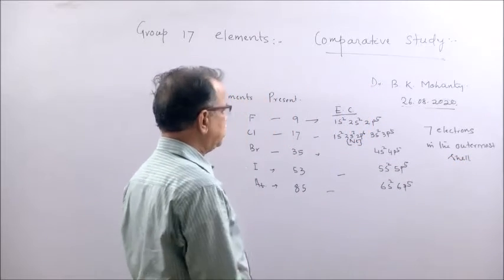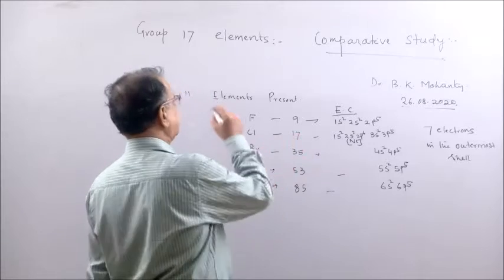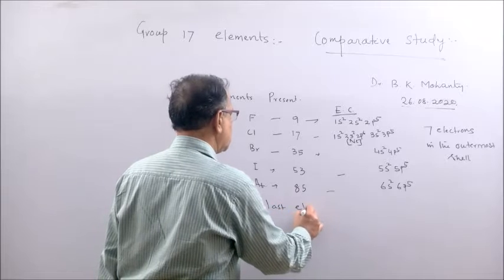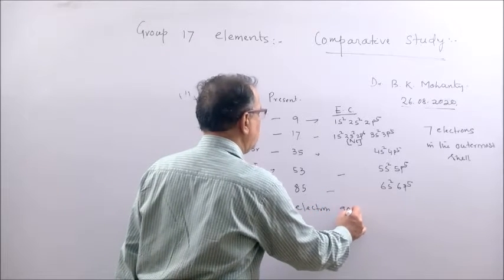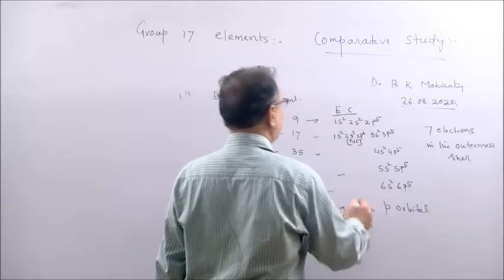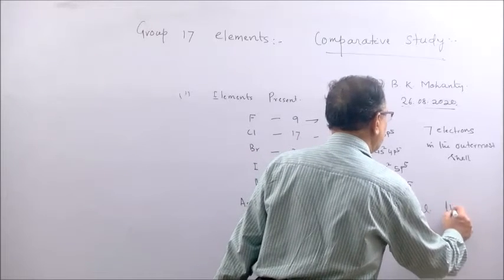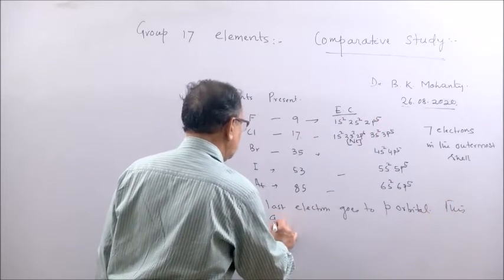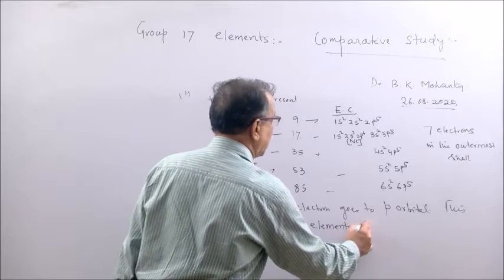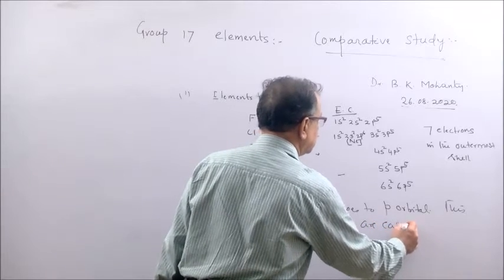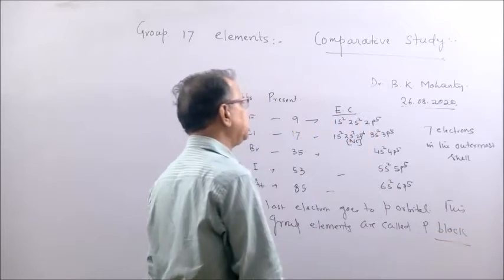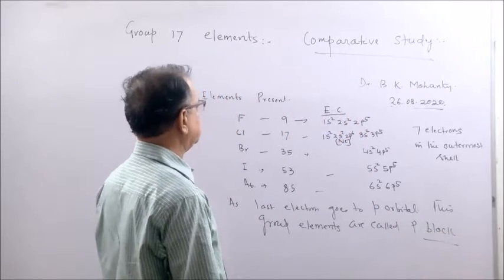The last electron goes to the p orbital, and these group elements are called p block elements. So there are s block, p block, d block. Group 17 is called p block elements.